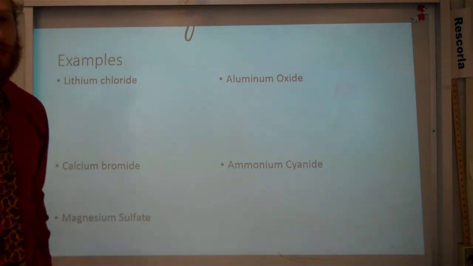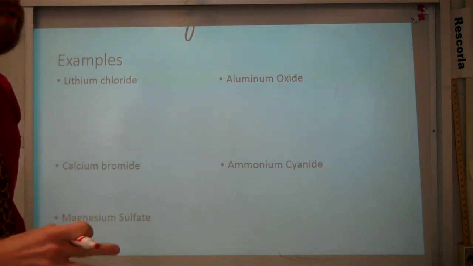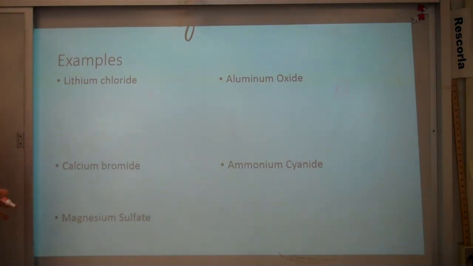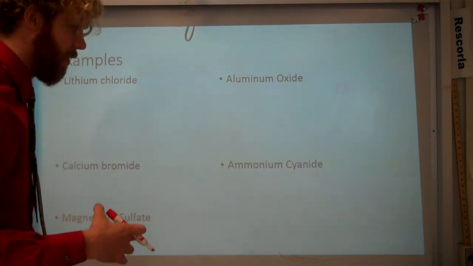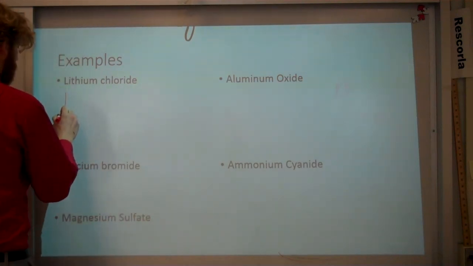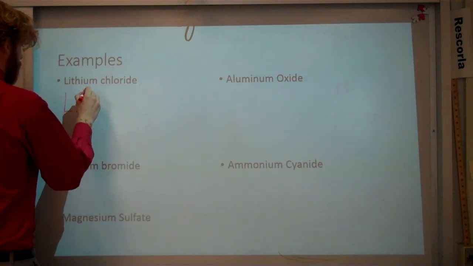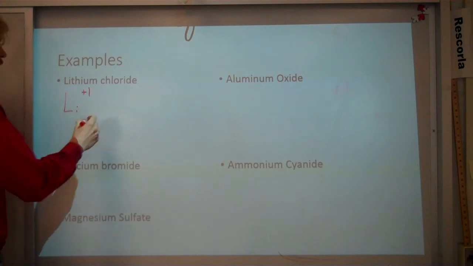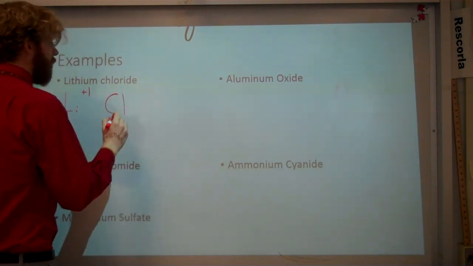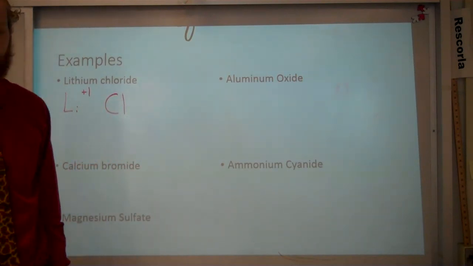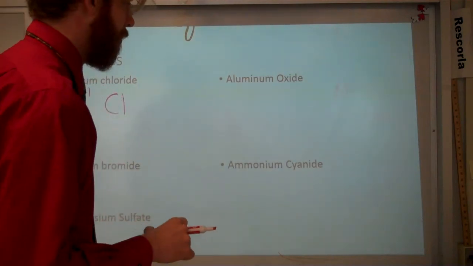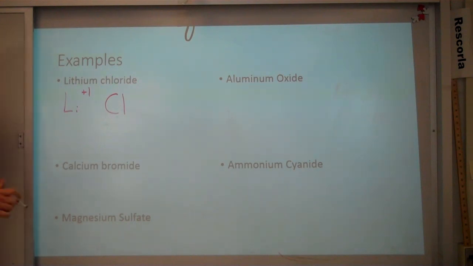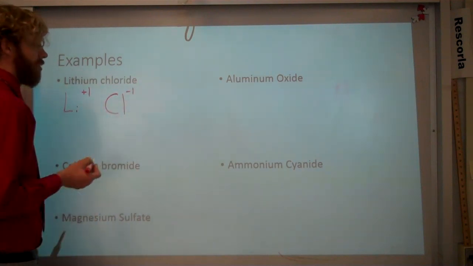So the first thing that you need to do is write the symbol with the charges. So for lithium, we look on our periodic table. It is in the first group, so we know that the charge is +1. Now we look at chloride, symbol Cl. It's a halogen. We'll talk about these family names later, but all halogens have a -1 charge.